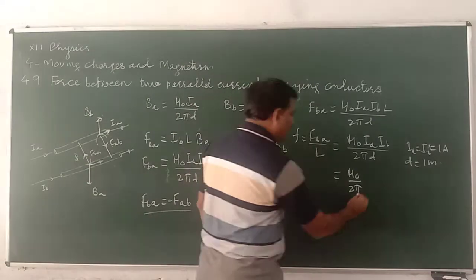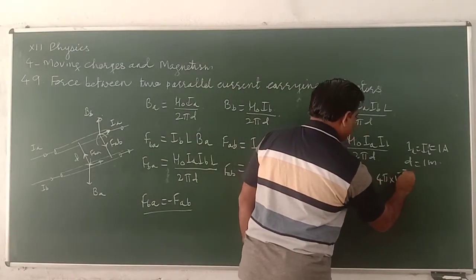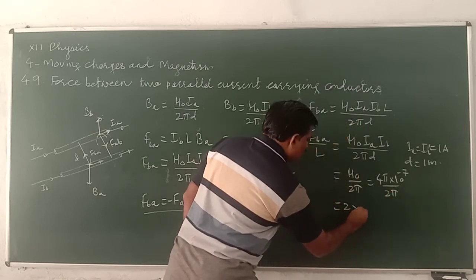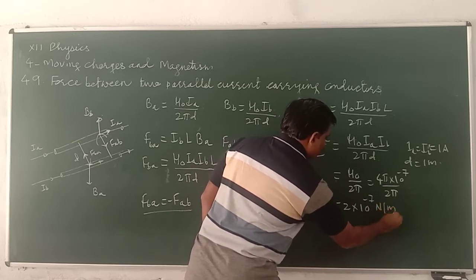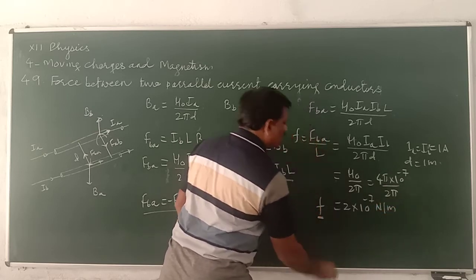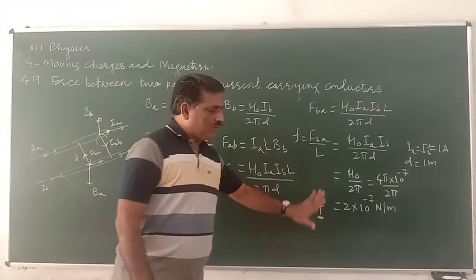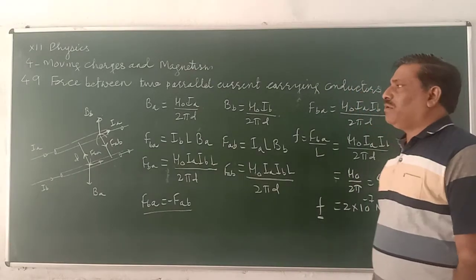The value of mu 0 is 4 pi into 10 raised to power minus 7, so it becomes 2 into 10 raised to power minus 7 Newton per meter. This is the force per unit length, and this formula is used to define the ampere, the SI unit of current.